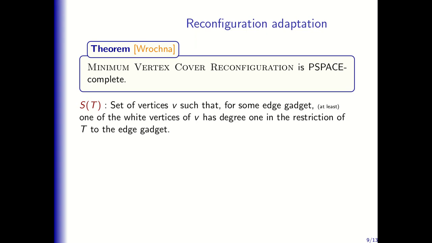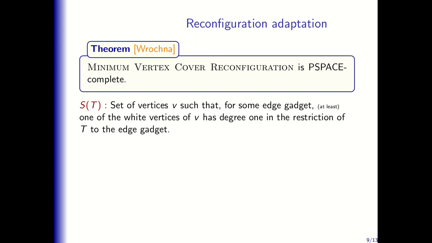Okay, so the first thing we have to do is to associate a vertex cover to every spanning tree. And what permits us to do that is that, when I explained the edge gadget, we have seen that one of the four white vertices has to have degree 1 in the restriction to the edge gadget.